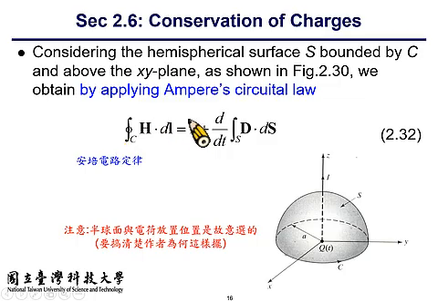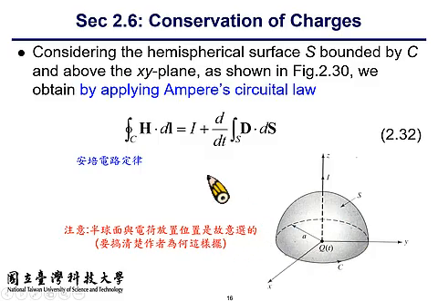That is, to the left of the equal sign is a closed loop integral of a magnetic field, so we can describe the magnetic field along a specific contour. Now, along a specific closed contour C, that is the circular contour C on the xy plane.